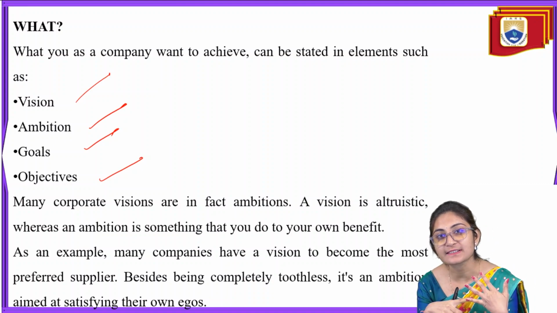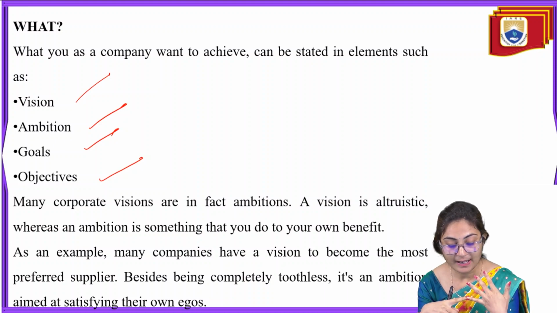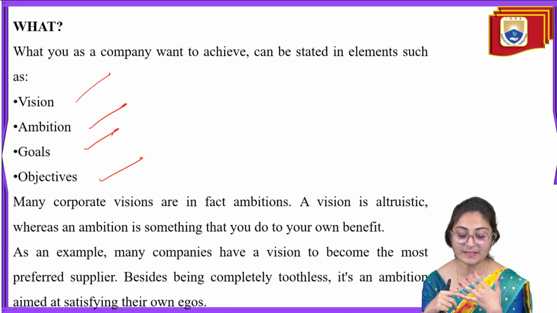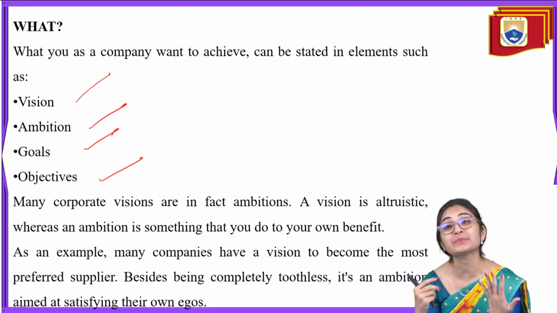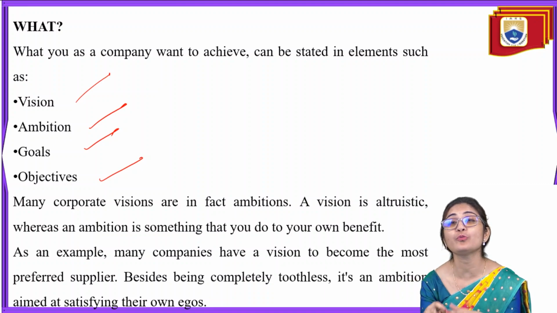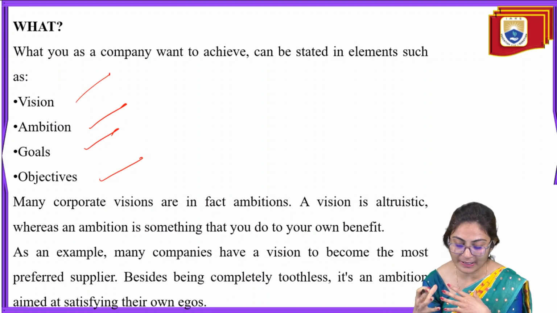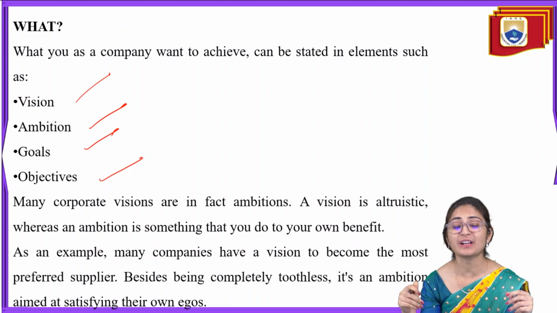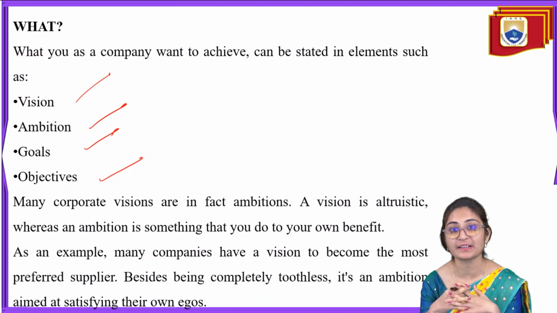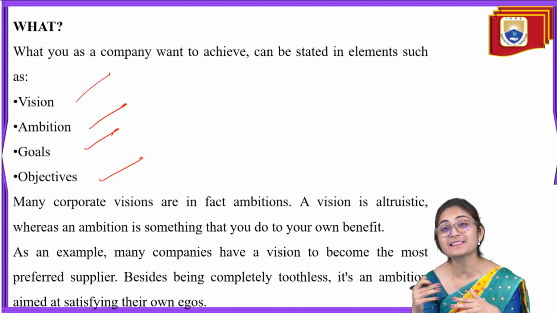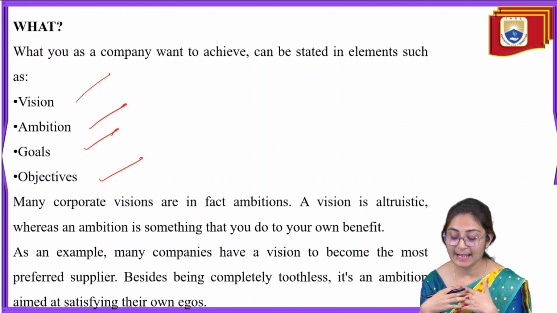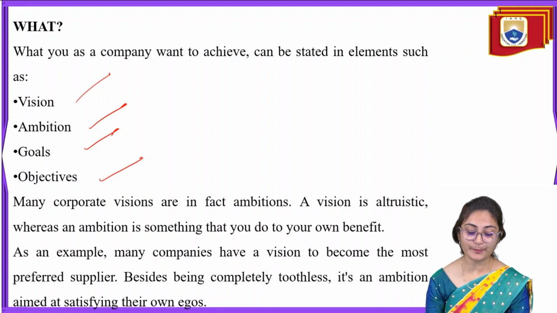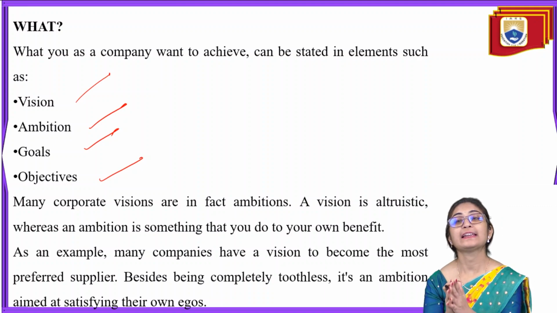Vision is altruistic, and ambition is something that you do to your own benefit. For example, many companies have a vision to become the most preferred supplier. Besides being completely toothless, it's an ambition aimed at satisfying their own egos.